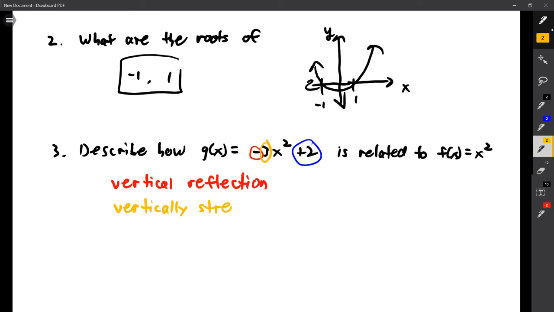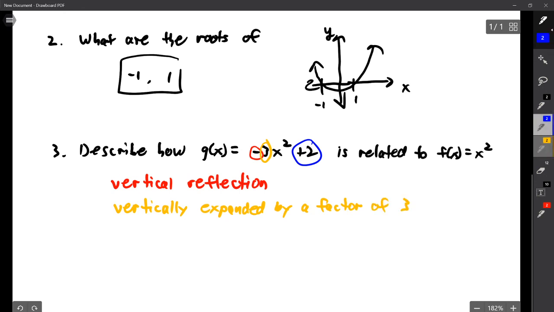I hear both. I'm going to go with expanded. Vertically expanded by a factor of 3.